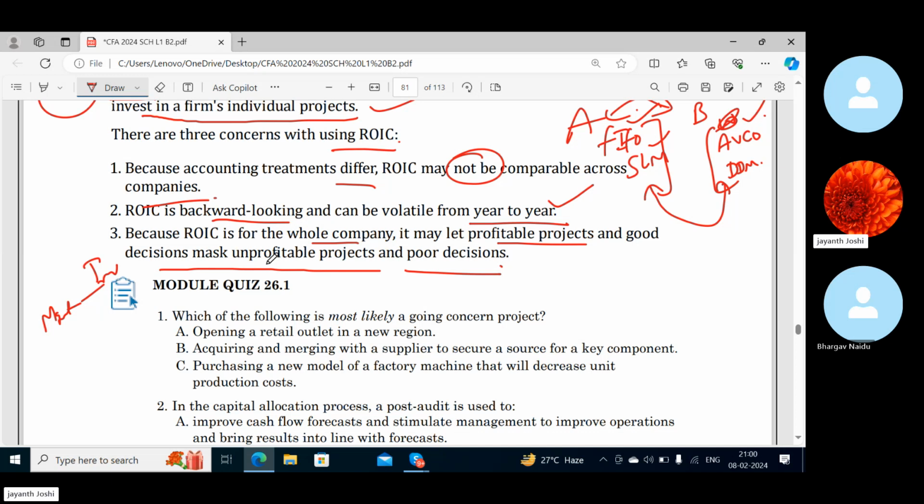That means those can be hidden because of the good returns you are seeing here. So what they are saying is the weightage of good decisions is more than the poor decisions. The weightage is on the good decision side, because based upon ROIC you are taking certain decisions of further investments.